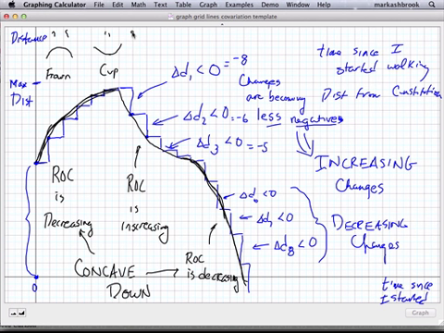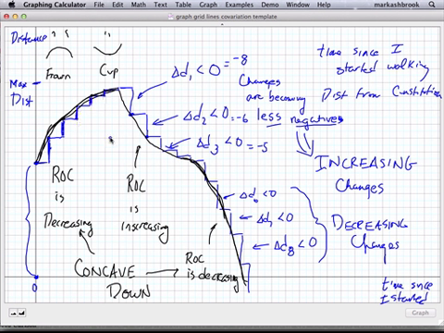Would it be wrong to think of it in terms of decreasing and increasing, like a frequency, as it's going up? Look at the changes. Focus on the changes. That's what we're doing. So focus on what's happening to the changes. First of all, are the changes positive or negative?